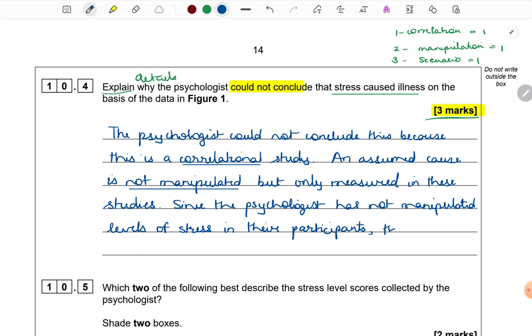They cannot conclude that stress causes illness.